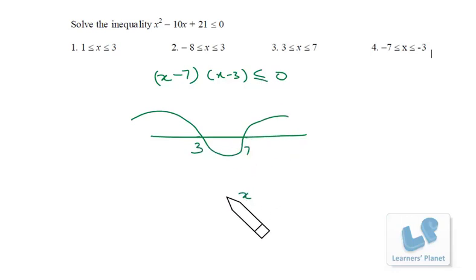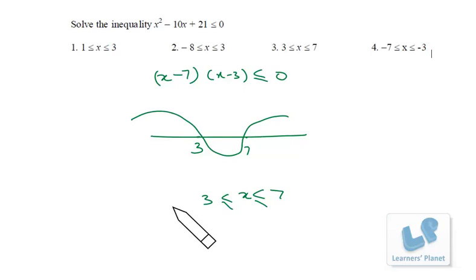So x should be greater than or equal to 3 and less than or equal to 7. Okay, so that's pretty simple. Wavy curve method I have explained in so many videos, so many classes, so you can refer to those sessions once again if you are not clear about it.